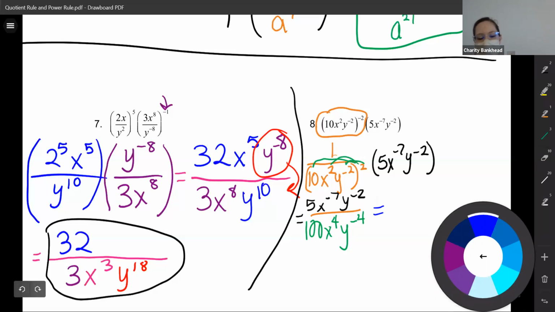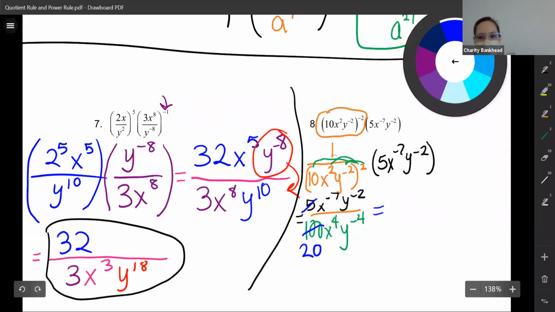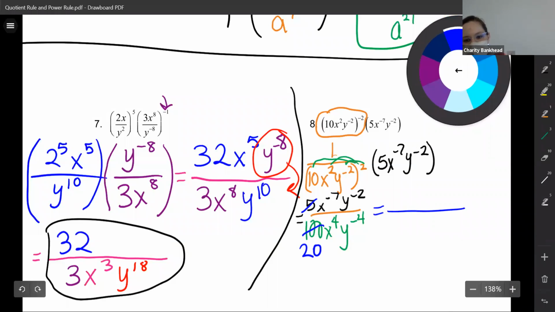All right, so I know that 5 could go into 100 20 times. And then for the x's, the x with the negative 7 needs to move down, and that would end up being 4 plus 7 on the denominator. So that would be x to the 11, on the denominator.